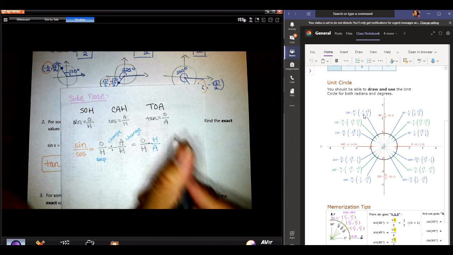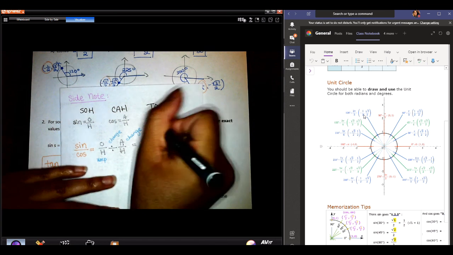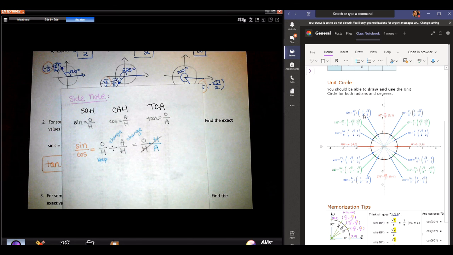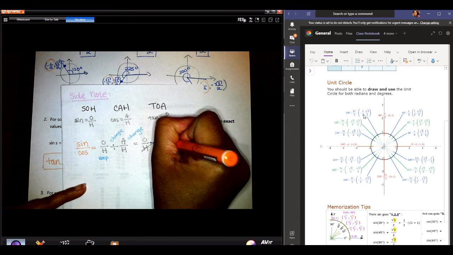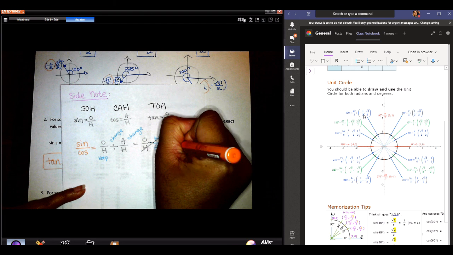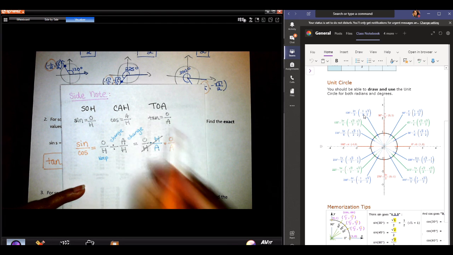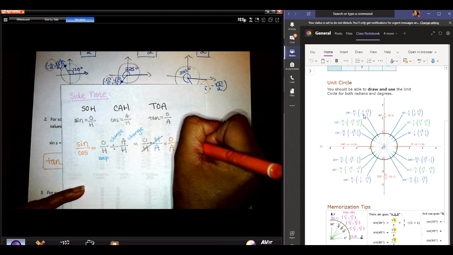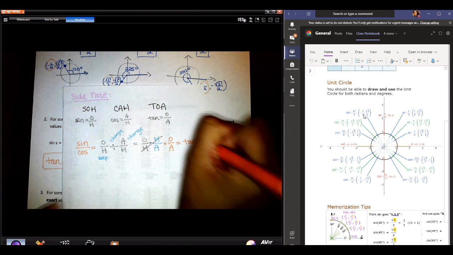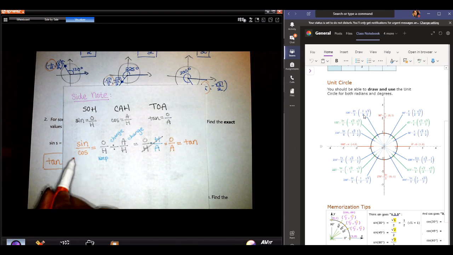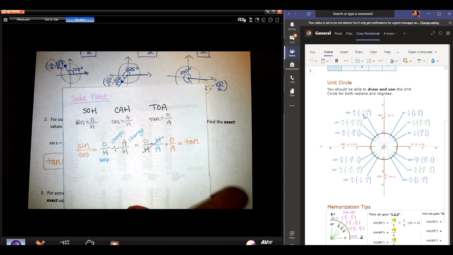These are just two fractions. What do we see on both the top and the bottom? We see an H, so we can cancel that out. What we're left with is opposite over adjacent, and opposite over adjacent is tangent. So we get full circle to tangent. Sine over cosine equals tangent. That is a good way to prove it. If I were to ask you for a proof, that's what I would expect, okay?